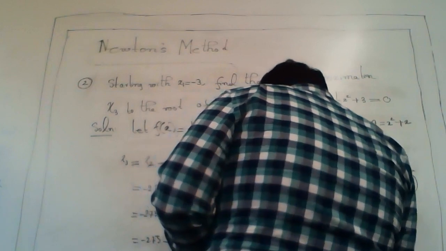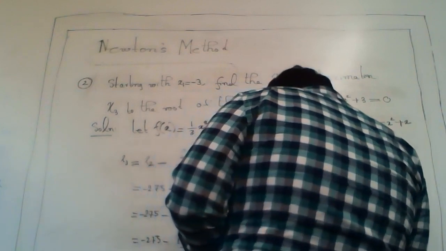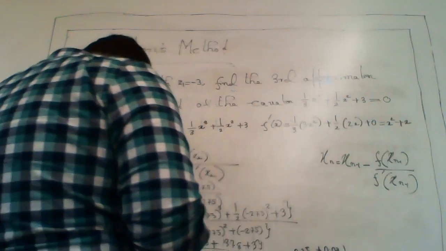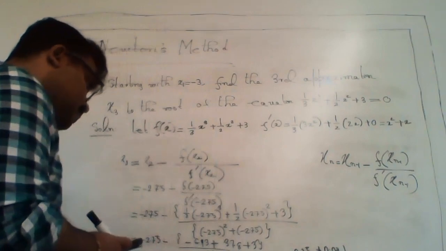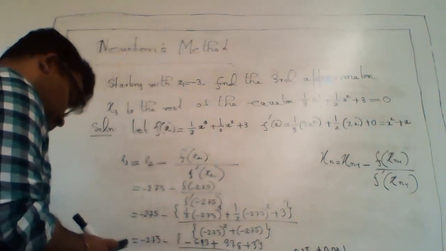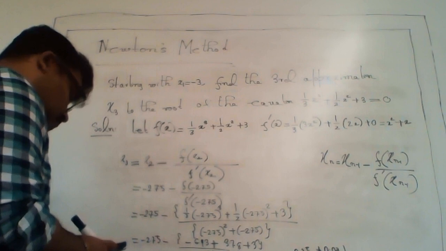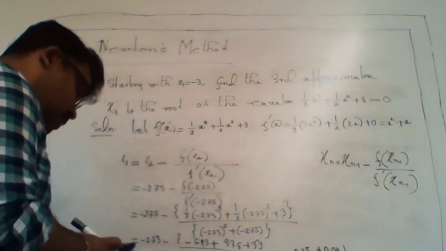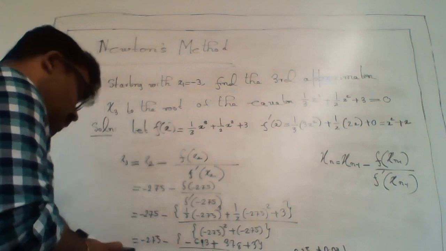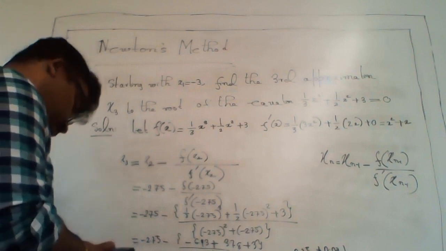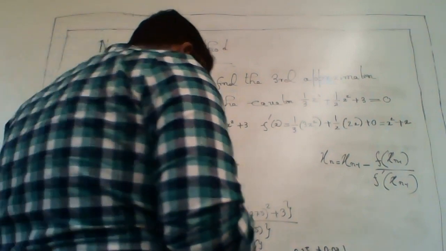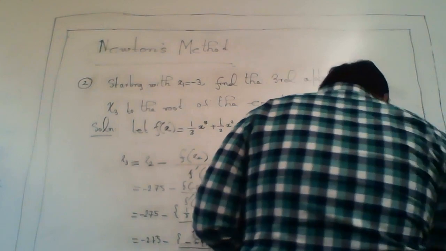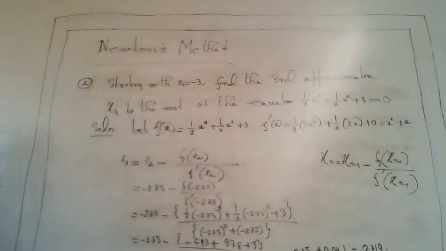So -2.75 plus 0.031. So you get -2.719. So in the same manner, you can do the remaining problems.